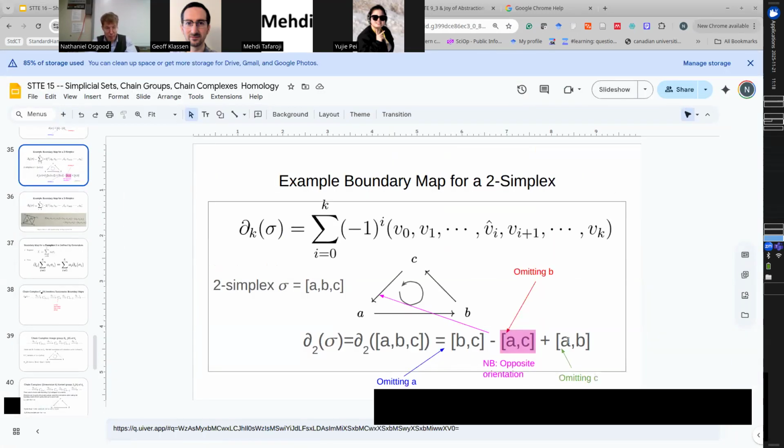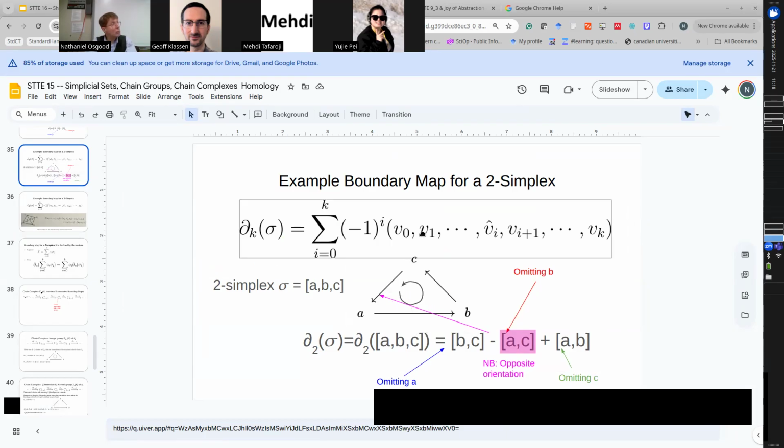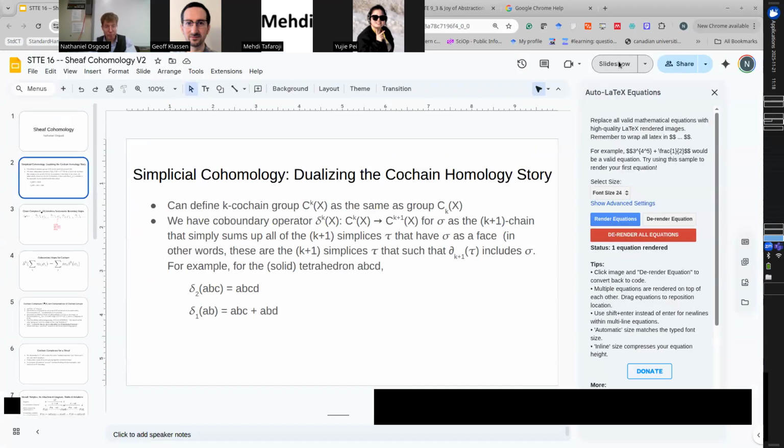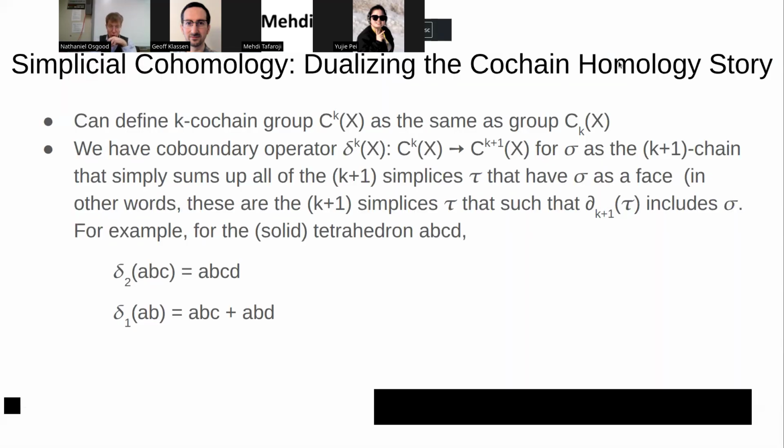Maybe it's AB. In which case, if we're mapping it up with a coboundary operator, we'll include this two simplex. Okay. So it kind of finds the preimage of the boundary operator. It goes up to all the things that were mapped down to sigma.